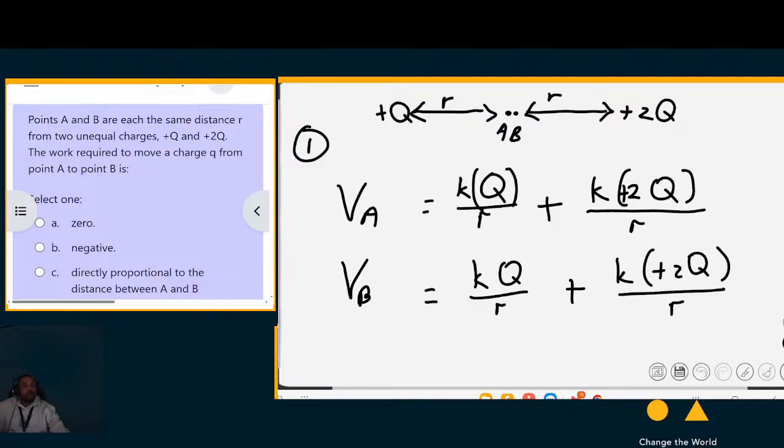Now if you add up kq plus 2kq, what you're left with is 3kq over r, and there is also 3kq over r at B.